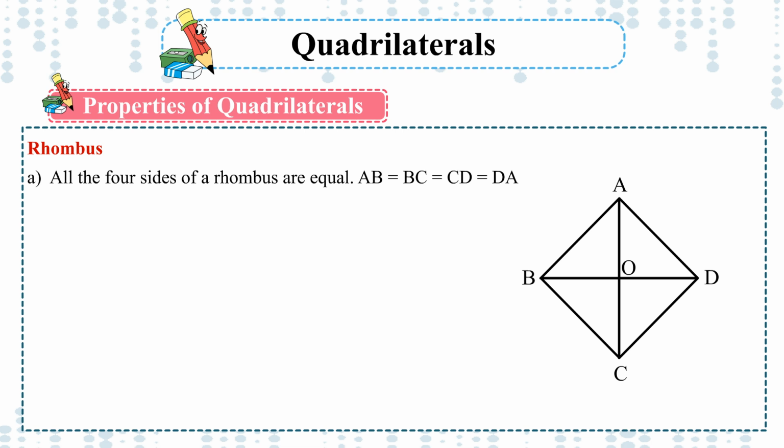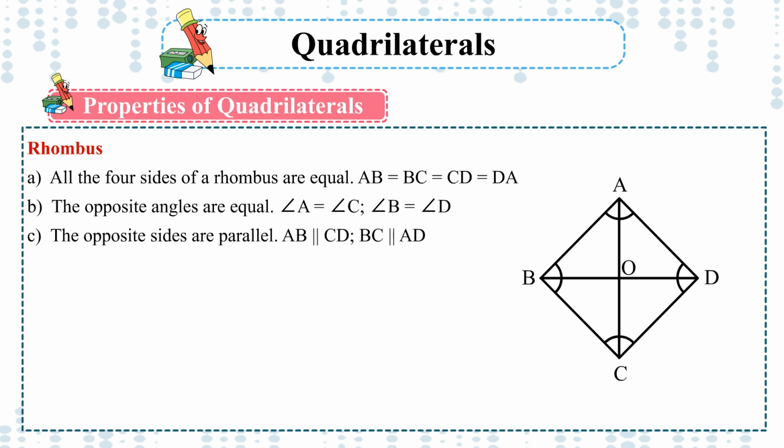Rhombus. A. All the four sides of a rhombus are equal. AB is equal to BC is equal to CD is equal to DA. B. The opposite angles are equal. Angle A is equal to angle C. Angle B is equal to angle D. C. The opposite sides are parallel. AB is parallel to CD.